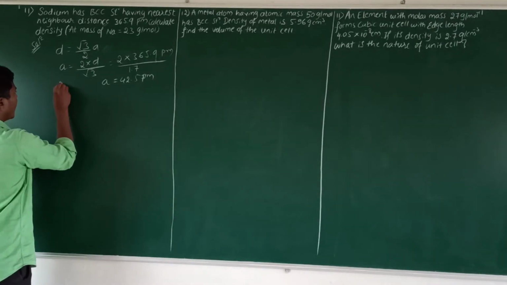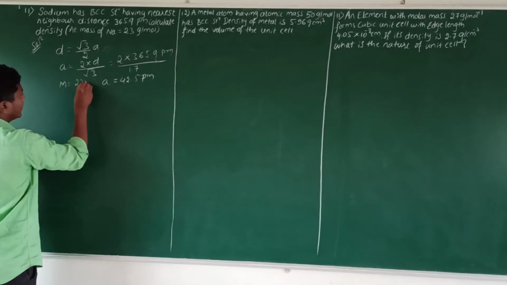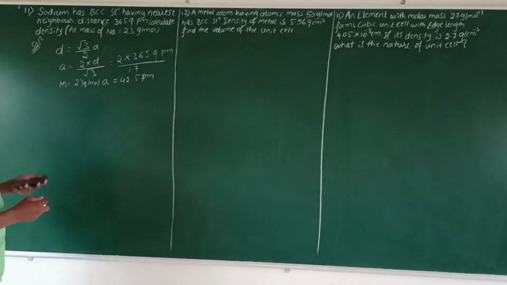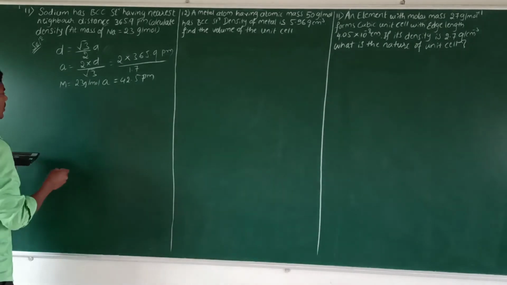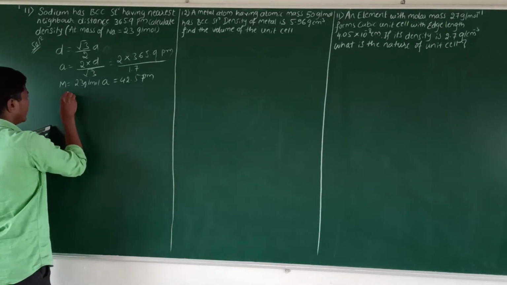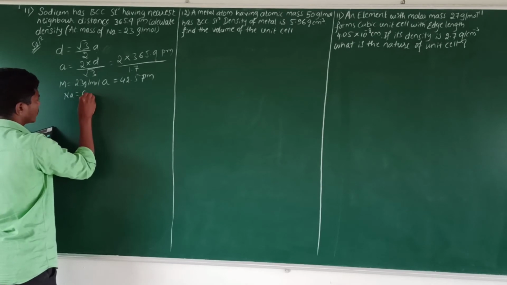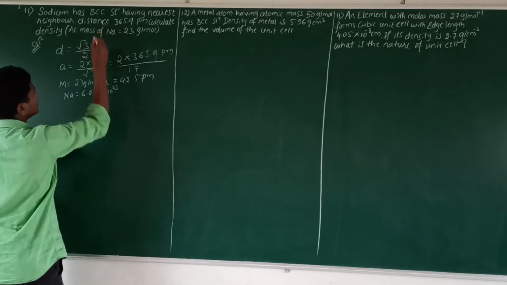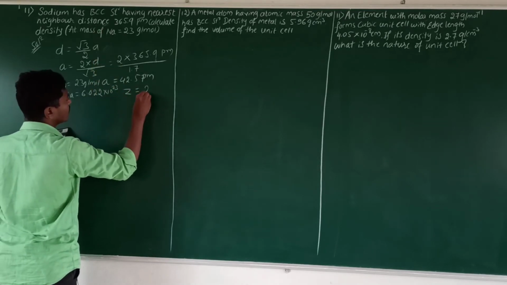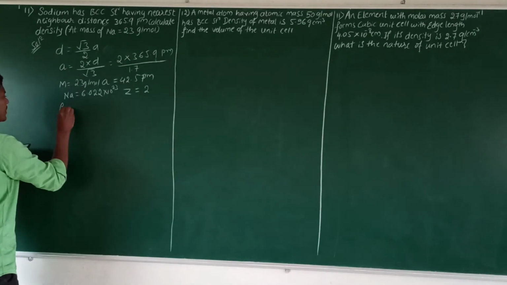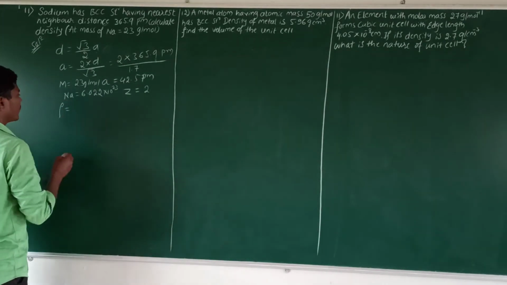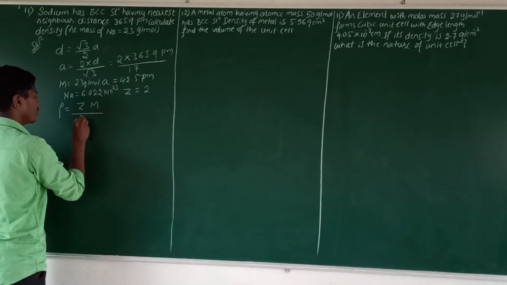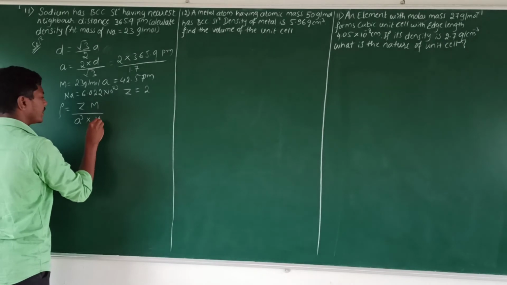They have given the mass, 23 gram per mole, so they have given mass and edge length. The Na is also understood, 6.022 into 10 to the power 23. For BCC, Z is equal to 2 atoms. Density is equal to, write the formula first, Z into M divided by A cube into Na.